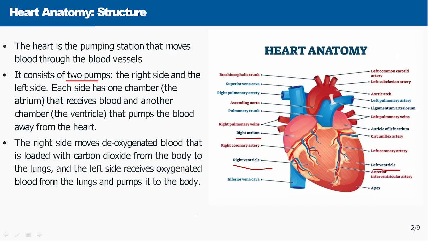So, the blood we get after this purification, we call oxygenated blood. This oxygenated blood comes back to the left atrium, and from there it flows down to your left ventricle, and the left ventricle will pump that blood to every part of our body.